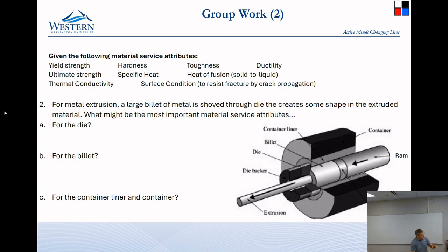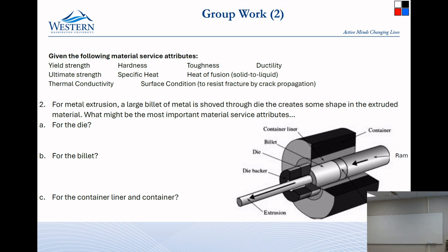All right, so taking a ram, shoving an amount of aluminum or some other material through a die. What do we think is most important for the die? Toughness, if your control system's not very good.